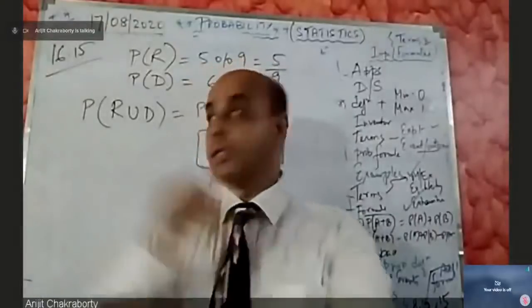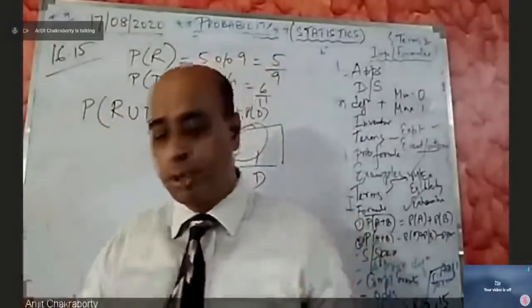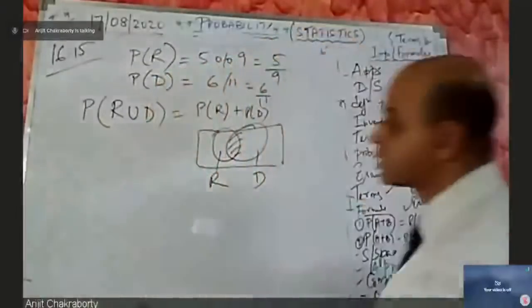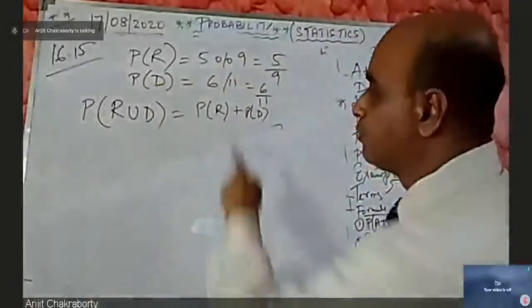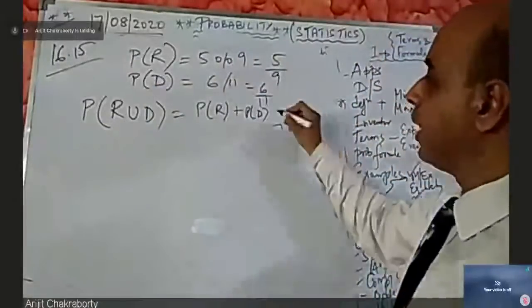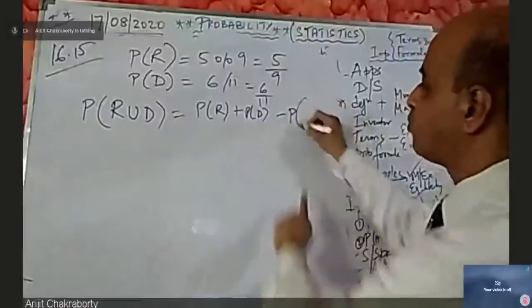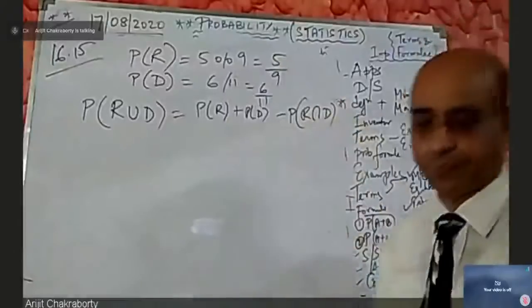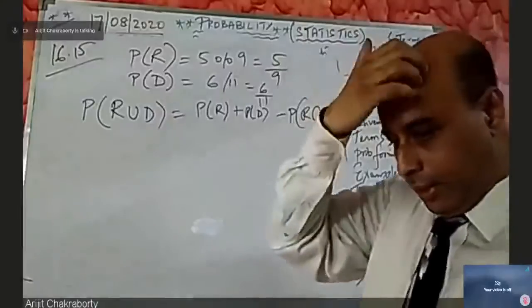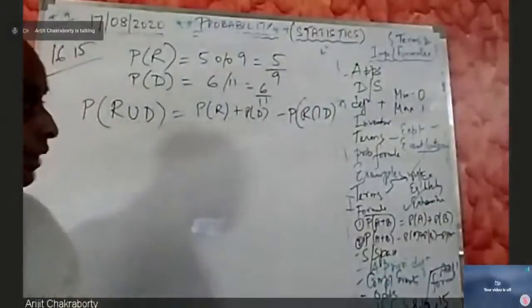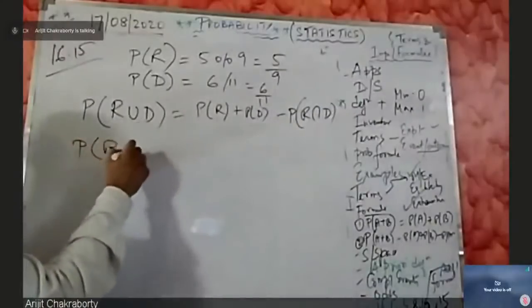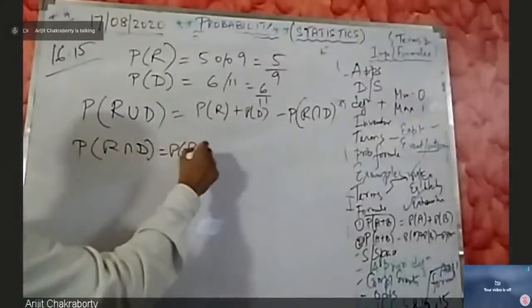Therefore, these two events are not mutually exclusive, which means since they have a common part, the formula to be used is P(R) plus P(D) minus probability of R intersection D. Please check whether it is fine or not. Now we see R intersection D, that means P(RD).